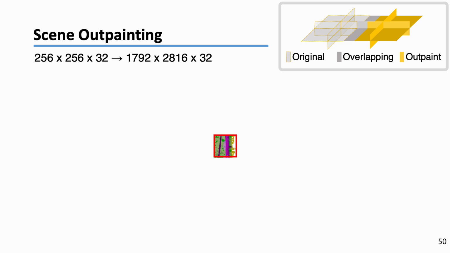So this is the result. Our original scene's resolution is 256, 256, and 32, and it is outpainted to the city level like this.